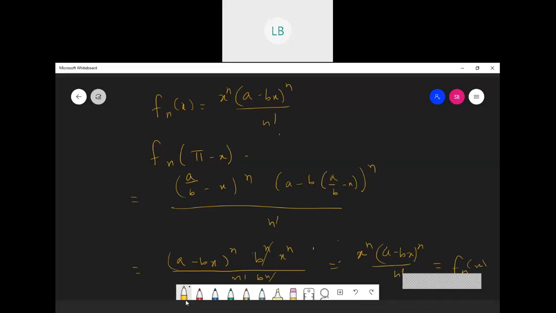Okay. So this function is actually symmetric about this. So if there is x here, and if there is pi here, then pi minus x should be something like here. So let this be 0, and this pi minus x.